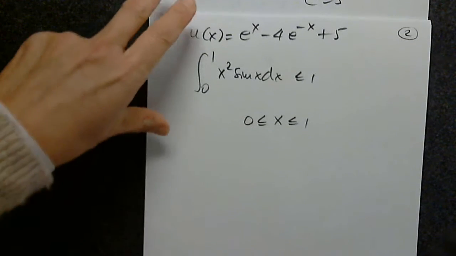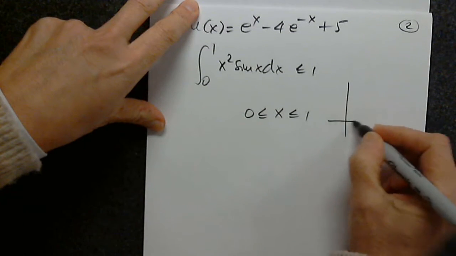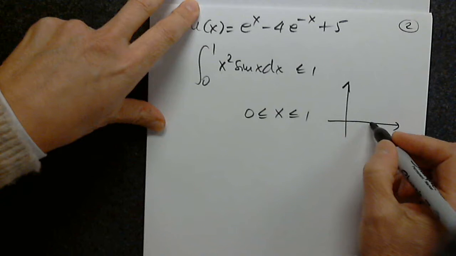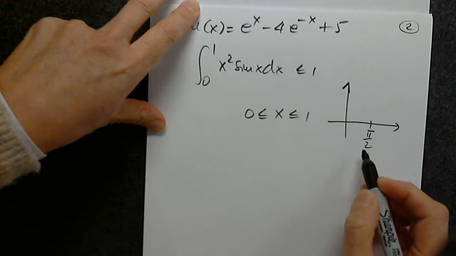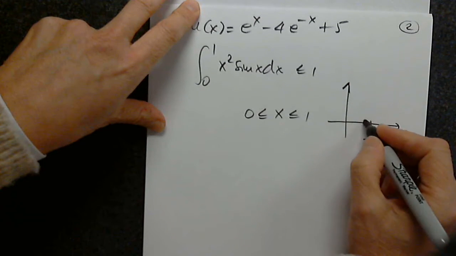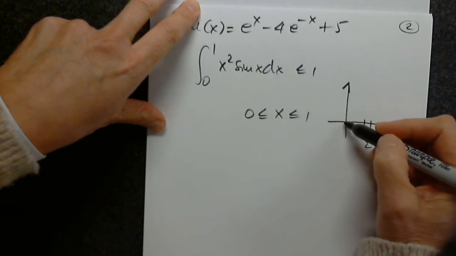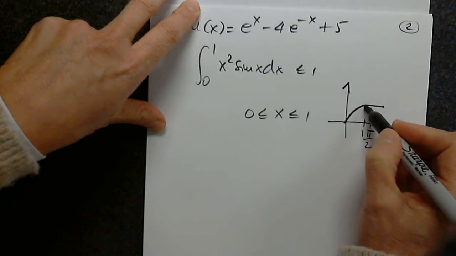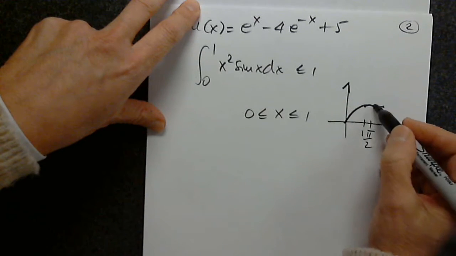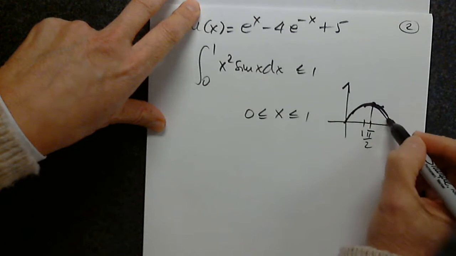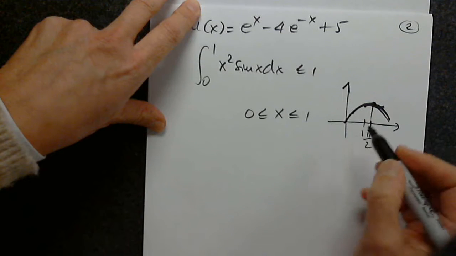Now, if you remember, let's look at the graph of sine. So this is pi over 2, which is a number greater than 1, and here is 1. So the graph of sine is this, right? It gets to 1 here at pi over 2, and then it starts dropping. So the function is increasing.